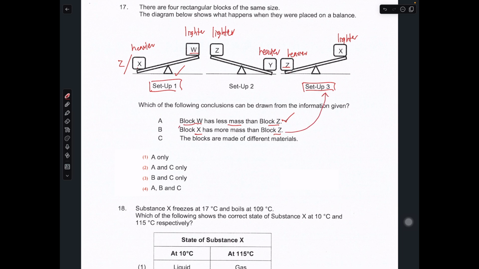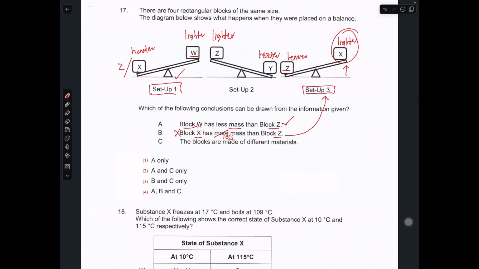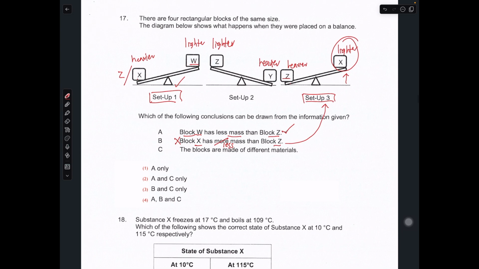No, this is incorrect because X is lighter. It's above. The seesaw is in this direction, so X should have less. The blocks are made of different material. In this case, let's see whether they are correct.